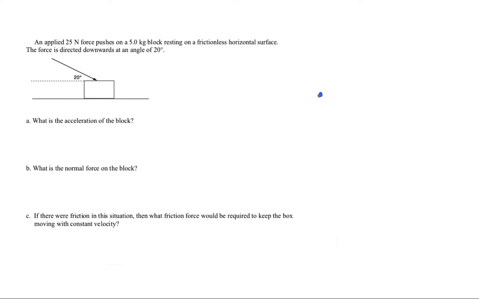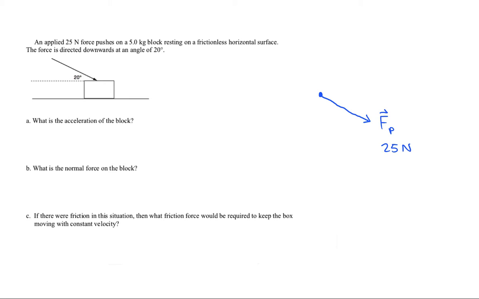So as is typical in a problem like this, I want to draw a free body diagram. I still want to preserve the same angle of the force and the same length. I'm going to call this FP for push, and it is 25 newtons.